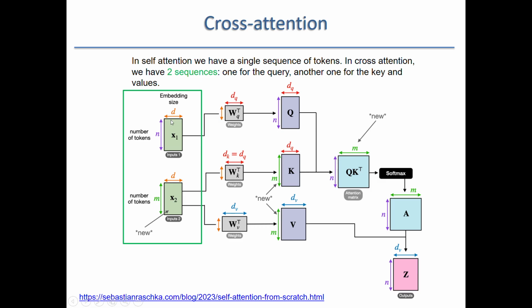They have to be embedded into the same space, and then you construct your queries, and these queries from one language are accessing a dictionary in the other language, and then the dictionary in the other language will produce some values, and then the rest is just the same as in the standard self-attention.